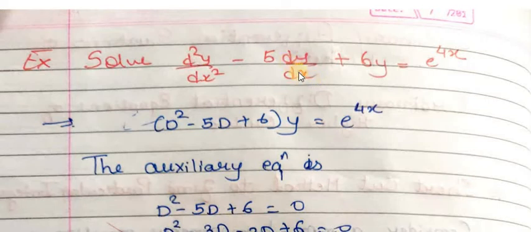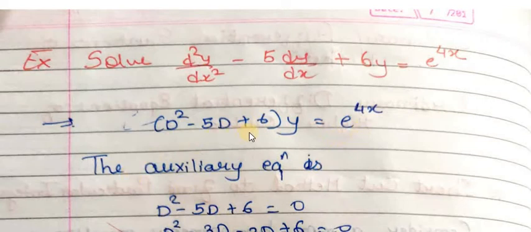So we replace d by dx with D, and d square by dx square with D square. So it becomes D square y minus 5 Dy plus 6y equals e raised to 4x. Taking y common, we have (D square minus 5D plus 6) y equals e raised to 4x.